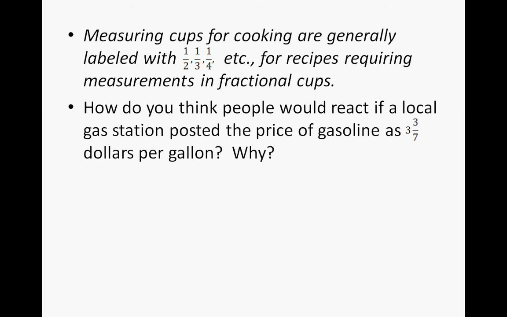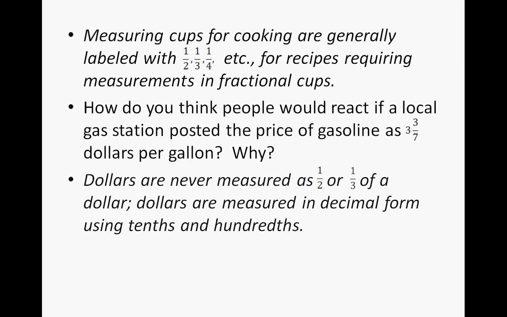How do you think people would react if a local gas station posted the price of a gallon as 3 3/7 per gallon? And why do you think they would react that way? Well, dollars are never measured in halves or thirds of a dollar.